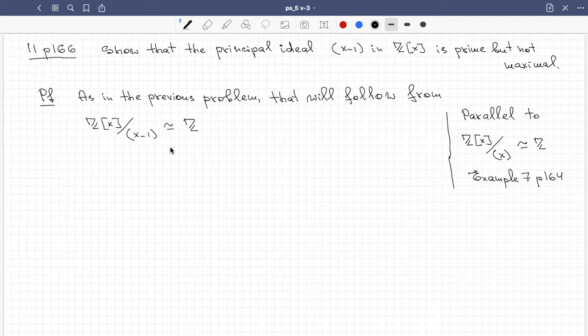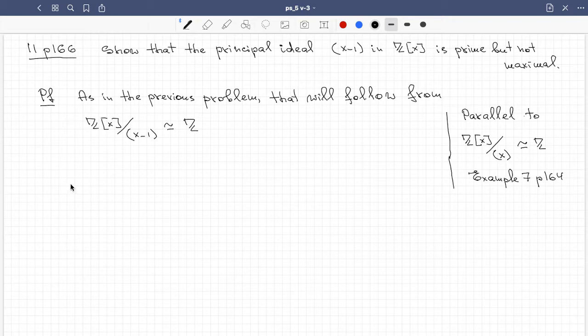Now, we are left to prove this isomorphism. And I will not again comment why that implies that the ideal is prime but not maximal.